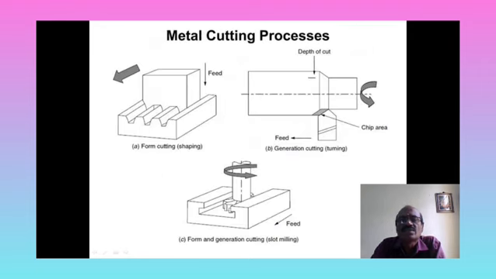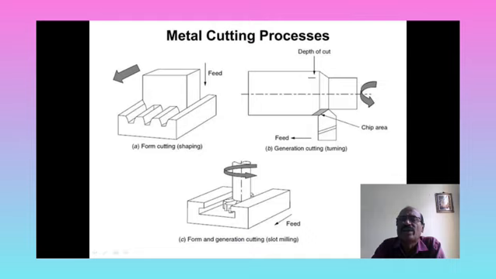Metal cutting process. This is the line diagram for the metal cutting process, showing the different stages of metal removal from the workpiece. The first, A1, is form cutting, shaping, the feed. Another one is generation cutting, which is a turning process.